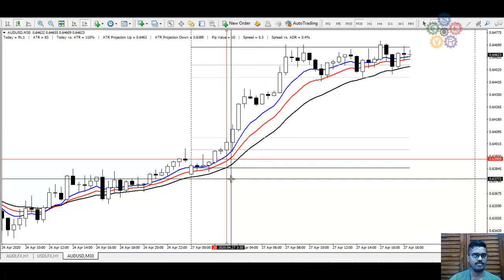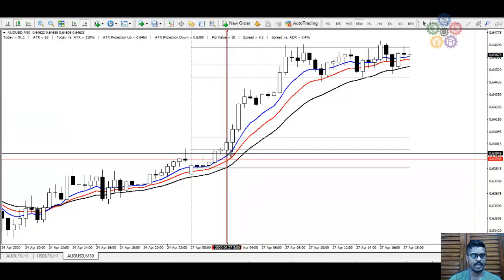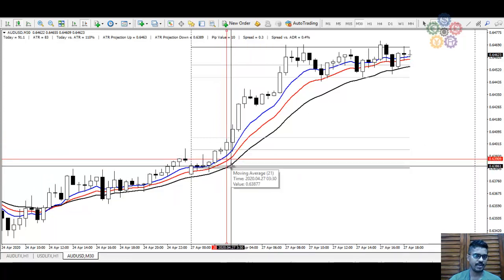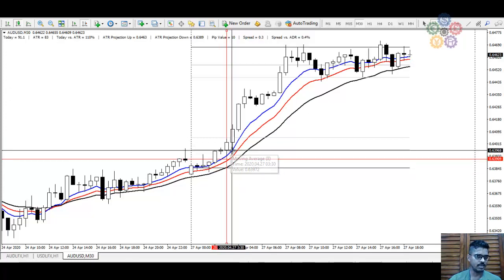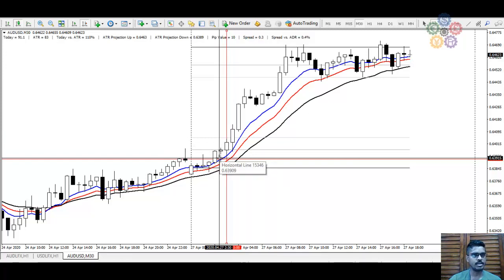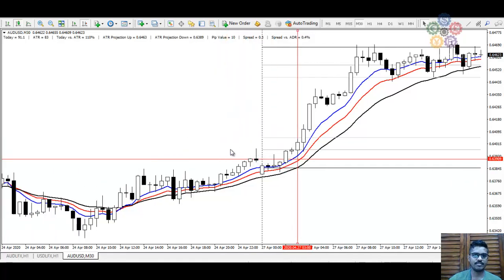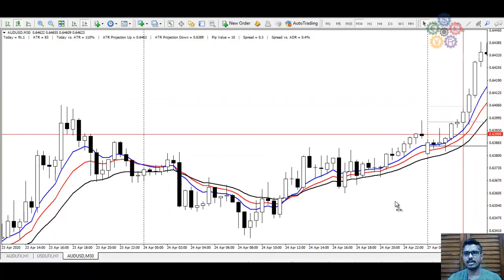So here you can see I have a vertical line. You can see price was going up. The EMAs were nicely angling up. They were nicely fanned out. So you were looking at buying this currency pair. Obviously, you had seen the individual AUD chart and the USD chart as well. Now, before you really look at an entry, you look at the higher time frames.